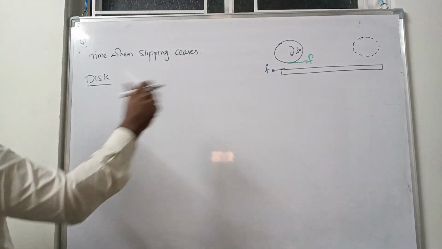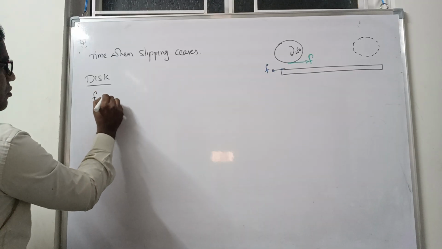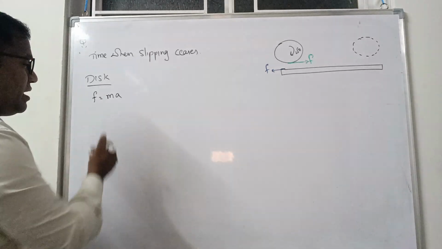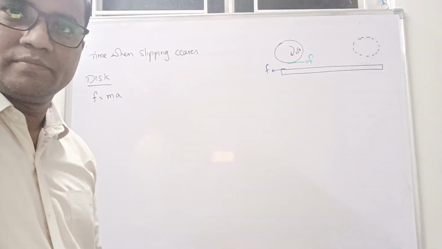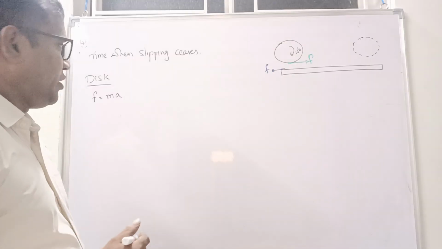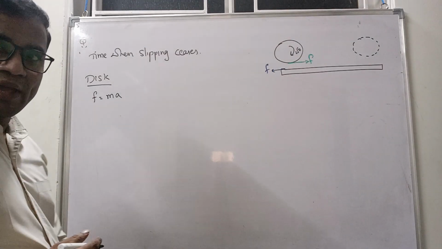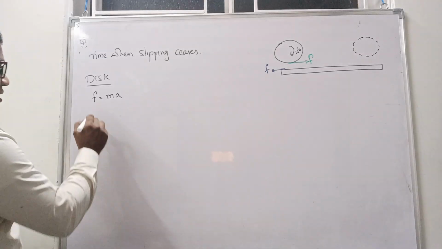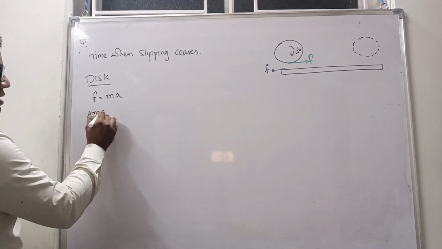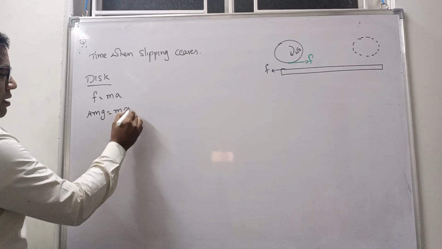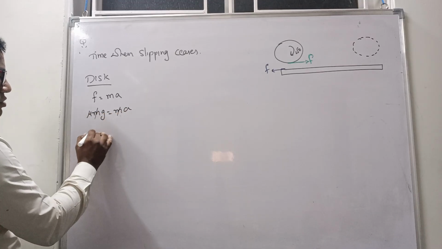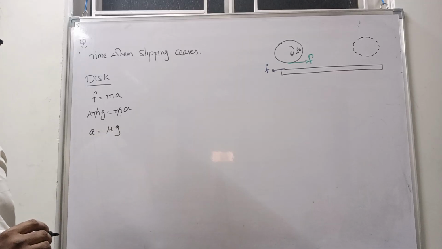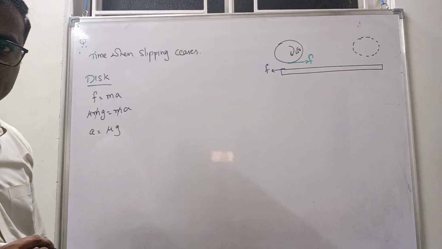Here the driving force is F, so F is equal to ma. We know that F is mu mg. So mu mg is equal to ma, m gets cancelled, so a is equal to mu g. The acceleration of the disc is mu g.